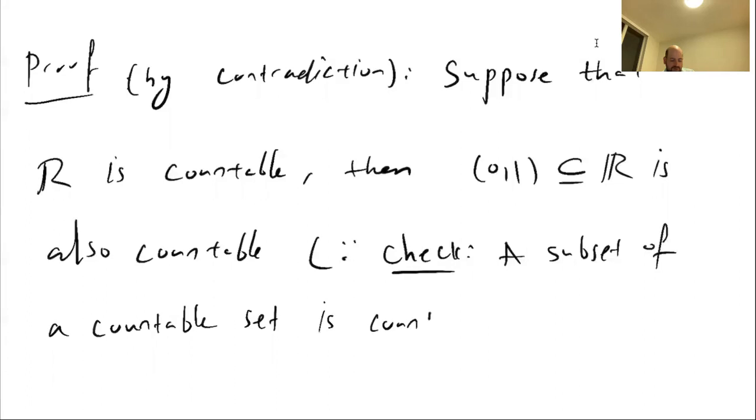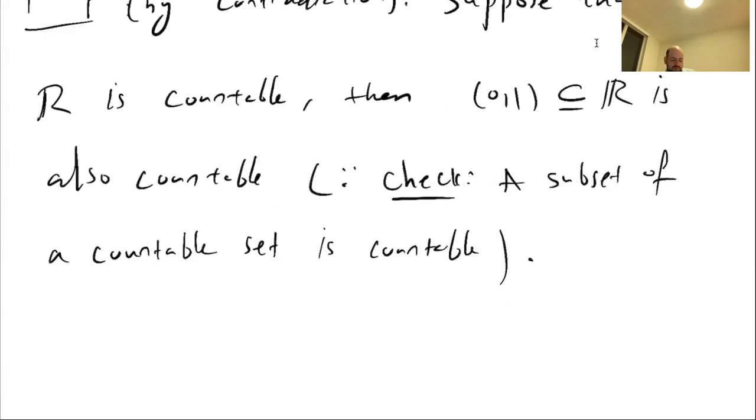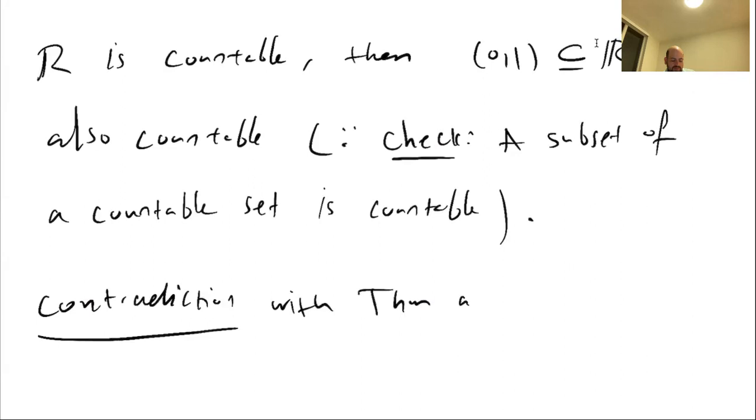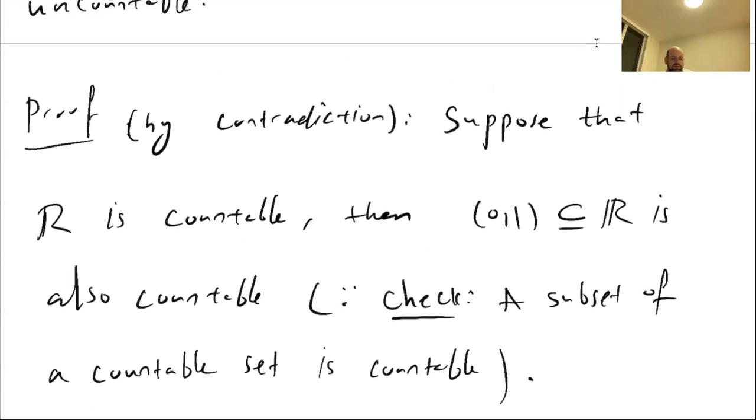If you have a set which is countable, any subset of it would also be countable. Now, if R is countable, the open interval 0 and 1, which is a subset of R, will also be countable. And this is a contradiction with the theorem above, because in the previous theorem we showed that the open interval 0 to 1 is uncountable. So if the open interval 0 to 1 is uncountable, the set of real numbers will also be uncountable.